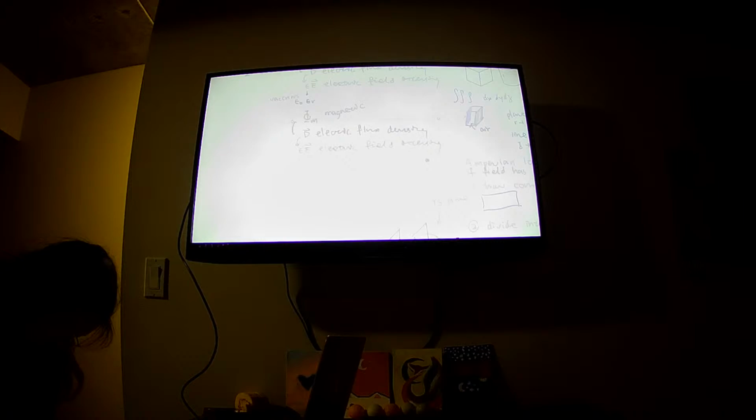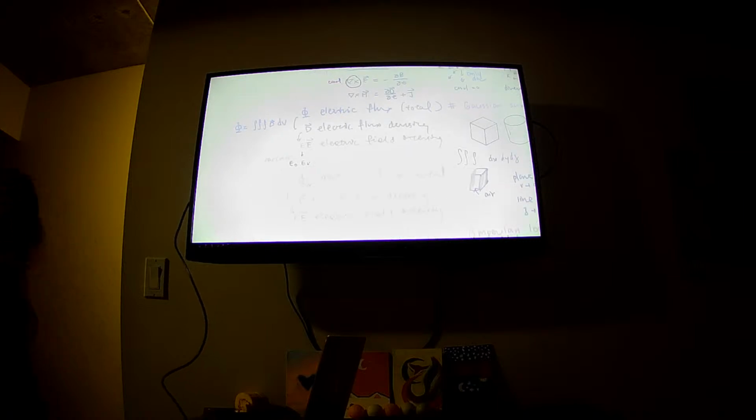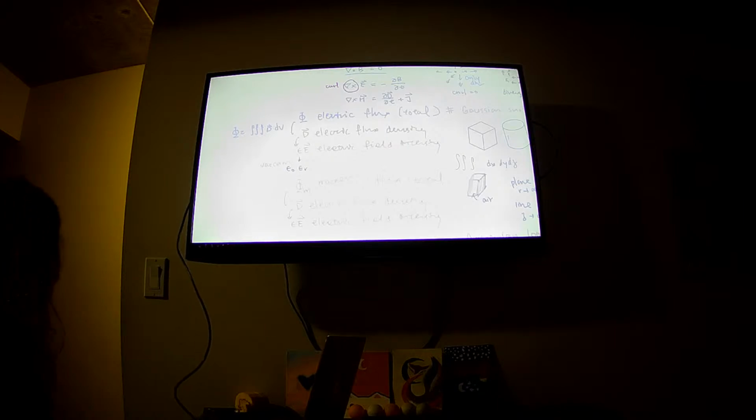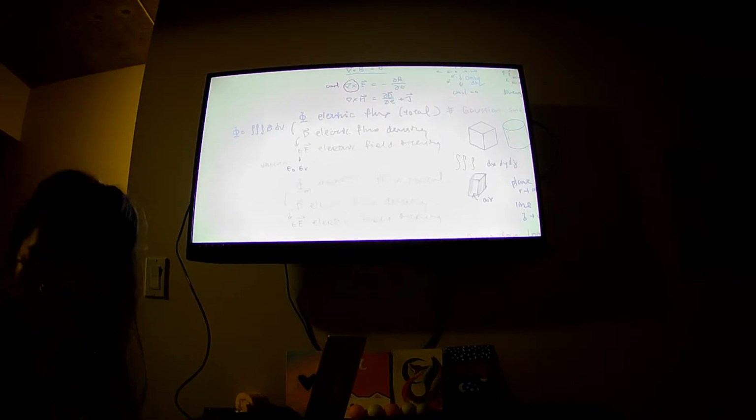Okay. So magnetic flux, right? This is also the total magnetic flux. It's calculated from the magnetic flux density. The flux density is the measure of density going through anything. So if it goes through cardboard, same density, right?